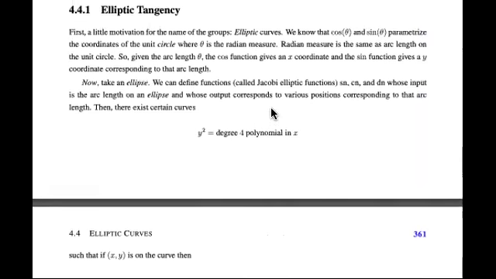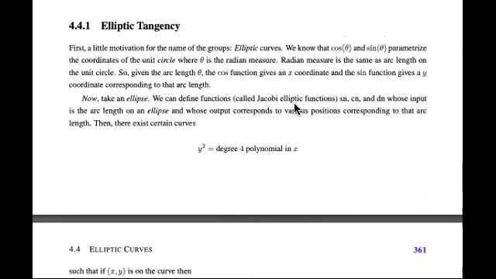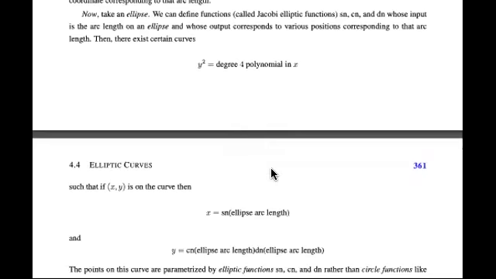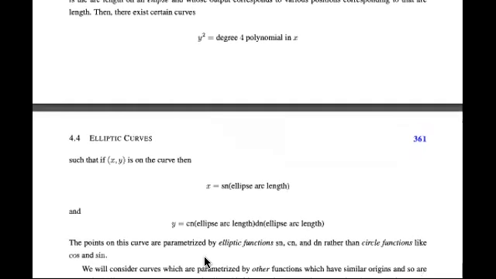You could look that up or Google it if you're interested in specifically what these output in relation to coordinates or ratios on an ellipse. But there are certain curves like this, like y squared is equal to some degree 4 polynomial in x, which are actually parameterized nicely by elliptic functions.